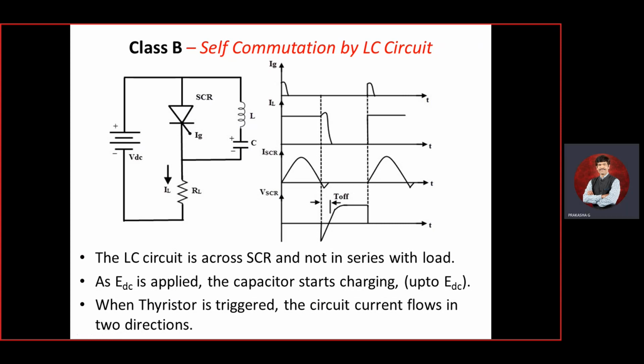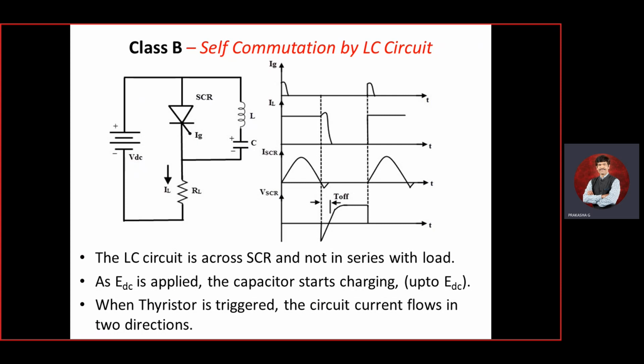Second difference, as EDC is applied, assume VDC or EDC. Here it has been given as VDC, now I will consider this as EDC. When it is applied, the thyristor is positive, it is forward biased. The LC is also forward biased. Assume the capacitor is positive on the top side and negative on the bottom side.